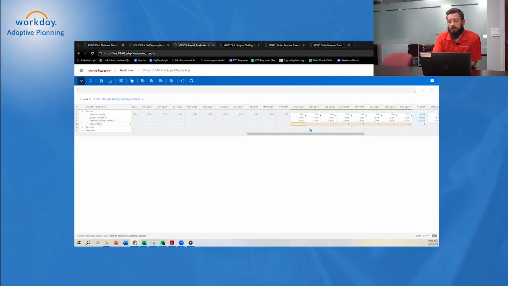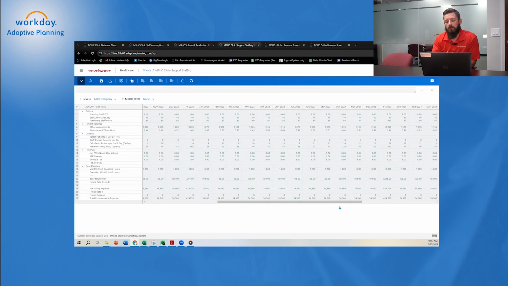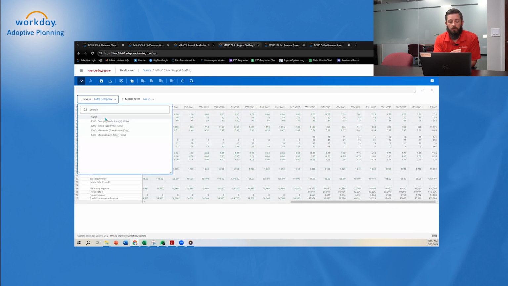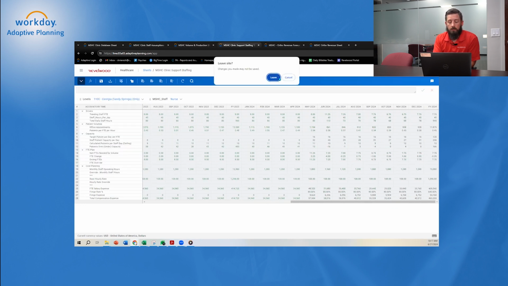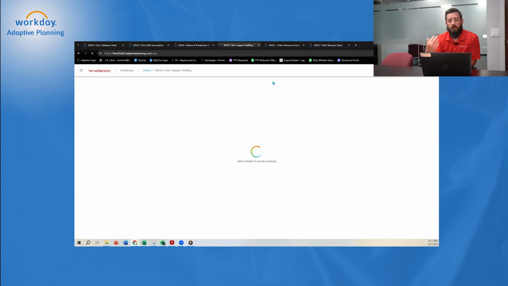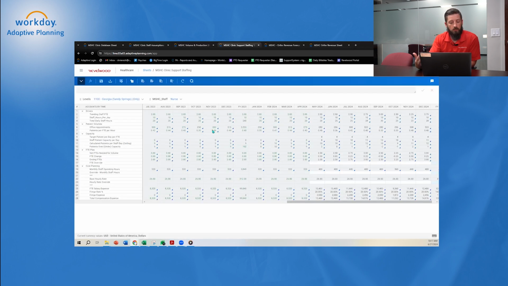Now, the important piece is that this volume then flows into our support staffing model. I had this focused solely on the nurse type role. What you see here for actuals is going to be trending history for how many staff in this location we have for this role, as well as their metrics for hours per day, patient capacity per day, and similar things like that.